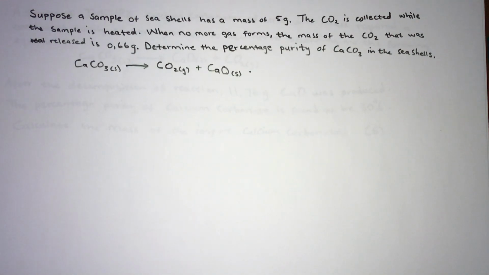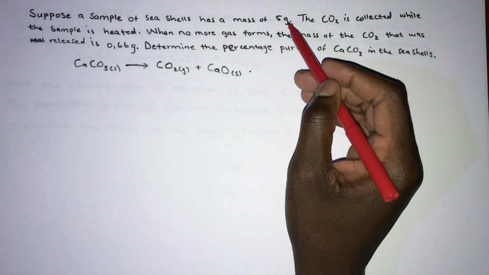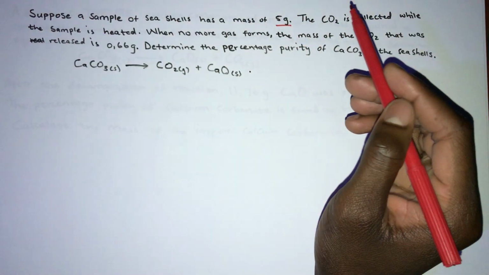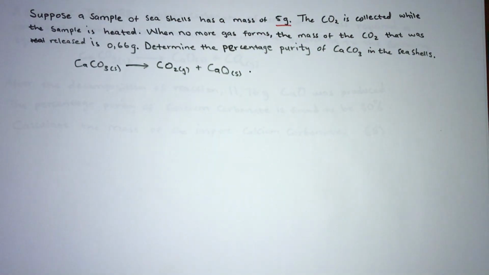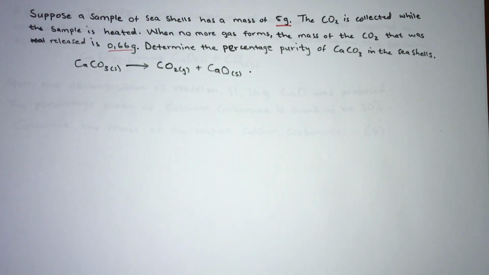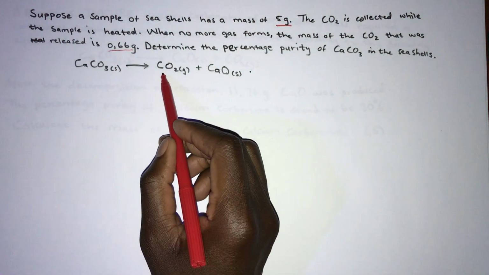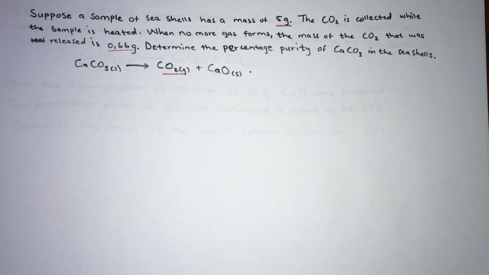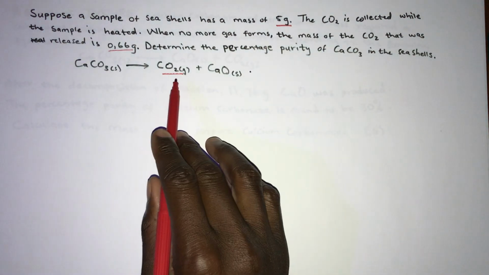So now let's check. We are given the mass of the sample, and we're also given the mass of carbon dioxide. This is the carbon dioxide that we're talking about. What we must do now is calculate the number of moles of the carbon dioxide.